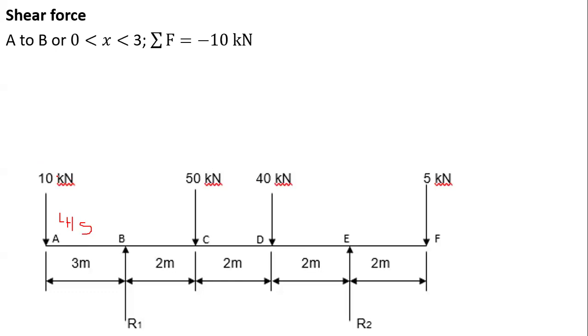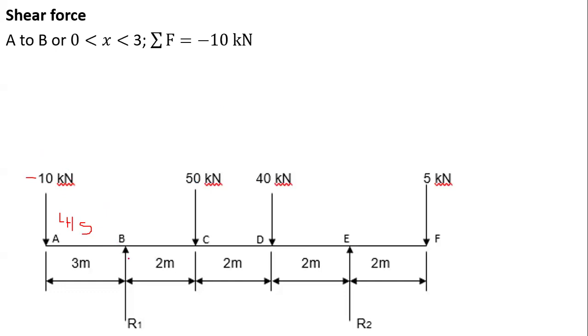Now, this one is acting downwards, telling me that according to the sign, as long as it's acting down, remaining on the left, then it's negative. Therefore, for this one, what I have is negative 10. So hence my negative 10 there.